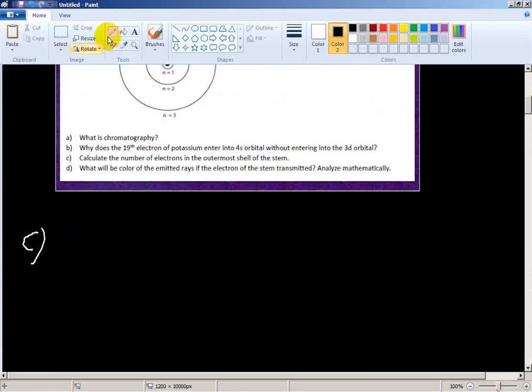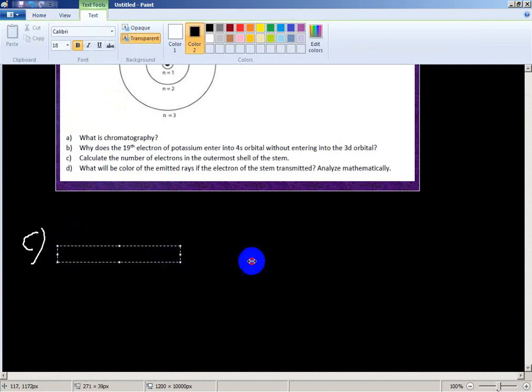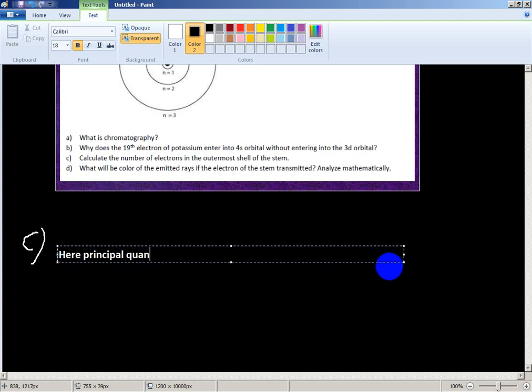Here the principal quantum number n equal to what? What is the outermost shell?